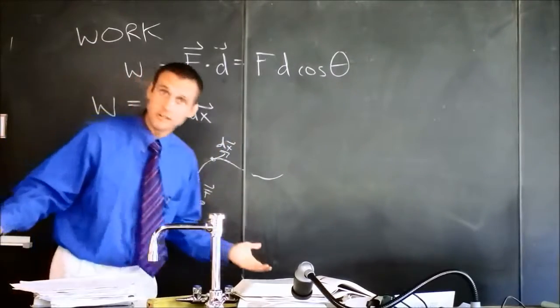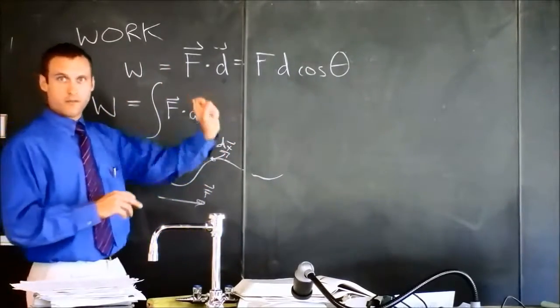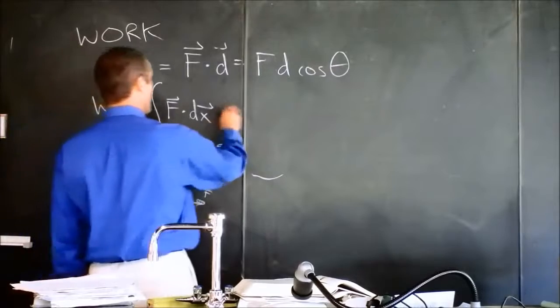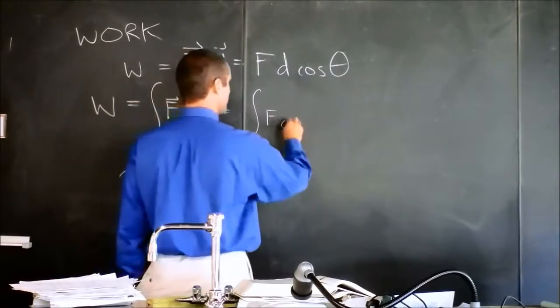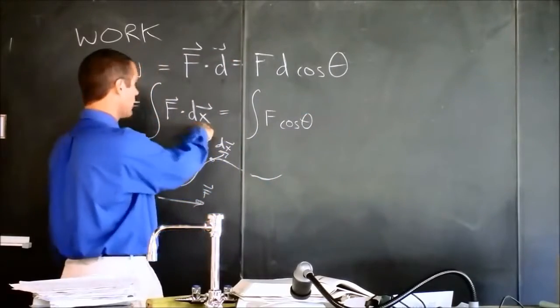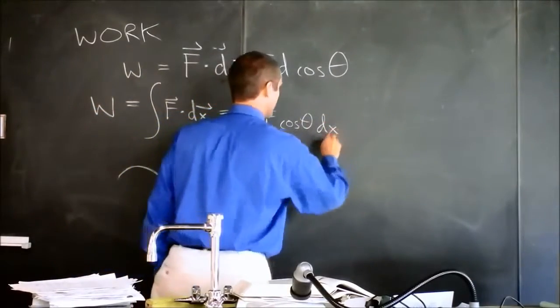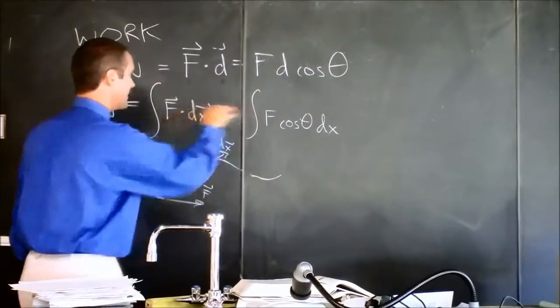In principle, if we're taking an actual integral, it will be an infinite number of infinitely narrow steps. So we can expand this out a little bit. It is, in fact, the integral of F times the cosine of the angle between F and the direction we're going, integrated over x. That's the way we're going to define work now.